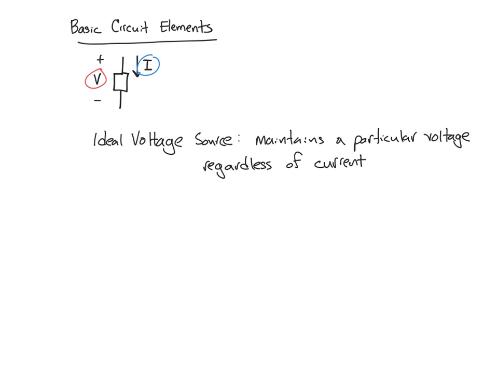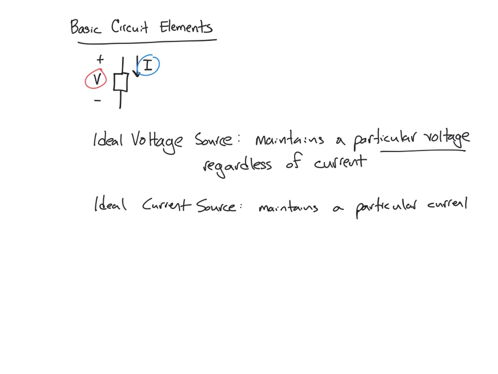Okay, so it maintains a particular voltage regardless of the current. Likewise, an ideal current source maintains a particular current regardless of the voltage across it.